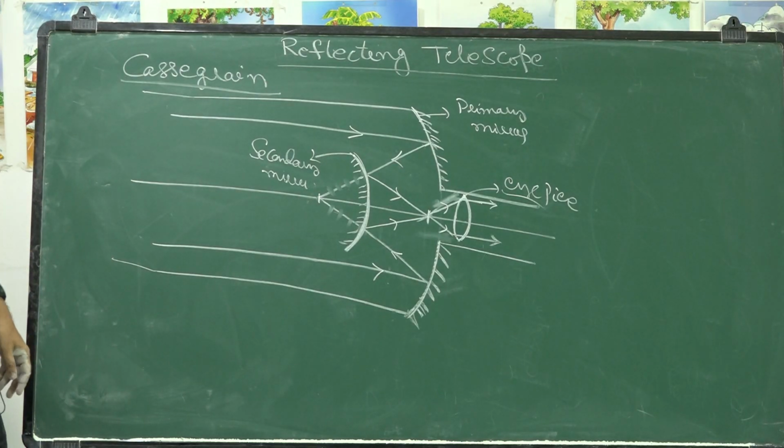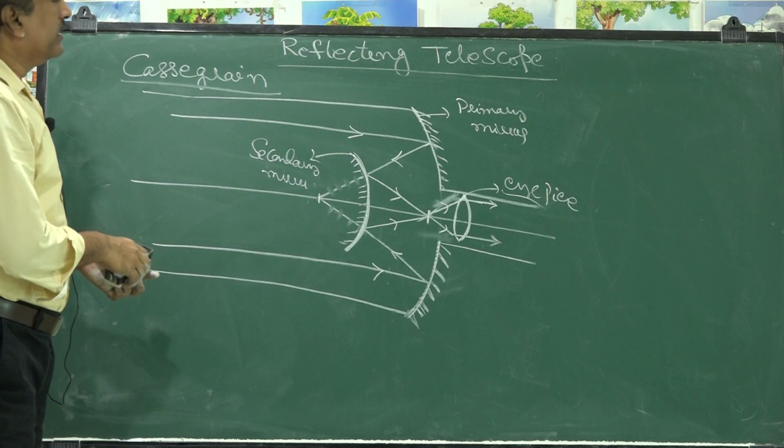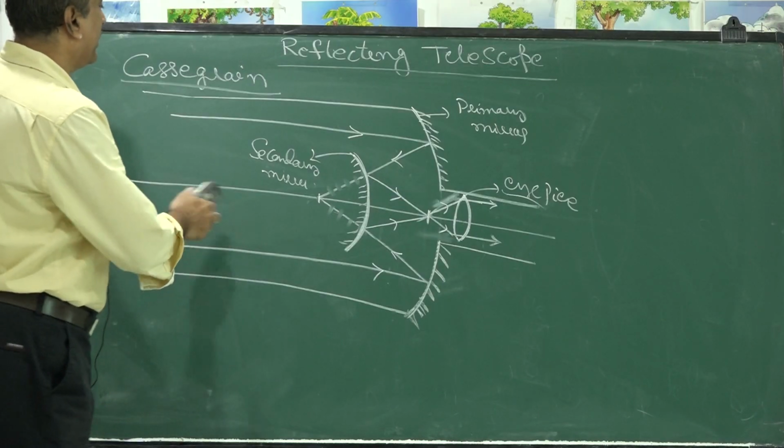Another reflecting telescope is the Newtonian reflecting telescope.